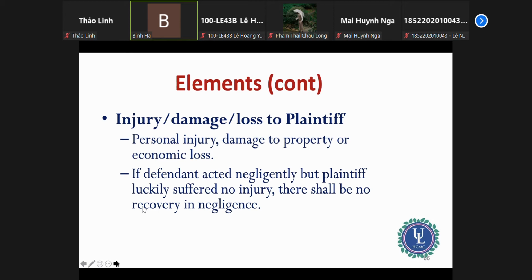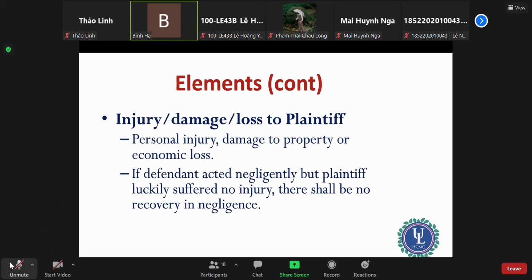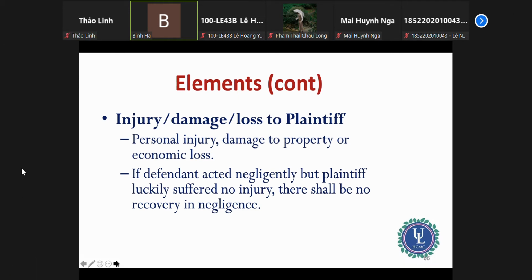Anyone have an idea of economic loss? Right. It could be the profit that you can earn or the income that you can earn. Yep, good.